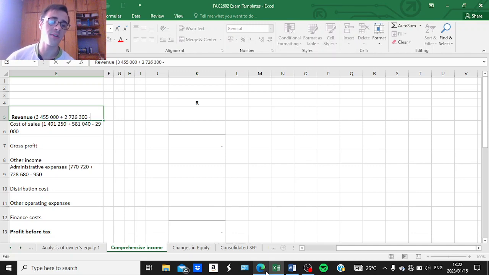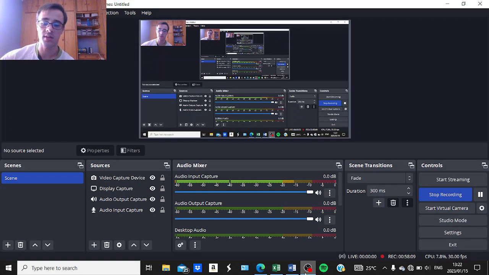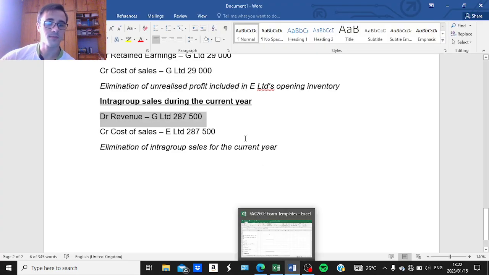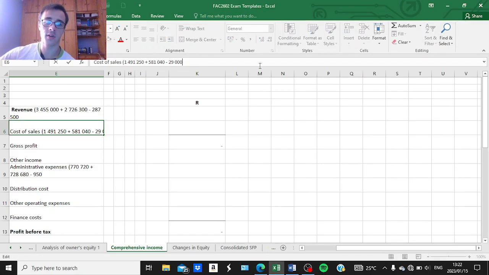And then we are debiting revenue by 287,500 according to our journal entry. 287,500. And then we need to credit cost of sales for the subsidiary. Once again, it is not an unrealized profit, so therefore it's not shown in the analysis of owner's equity, only in the consolidated statement of profit or loss and other comprehensive income. And because we are crediting cost of sales, we will show this as a negative adjustment, 287,500.